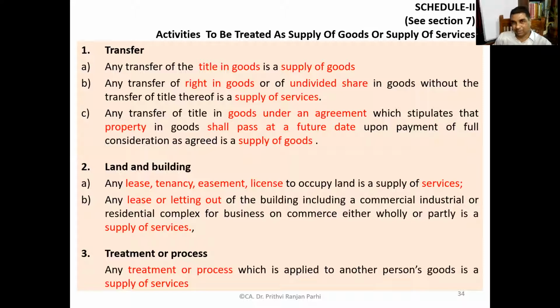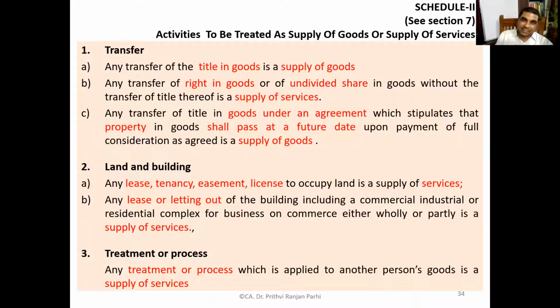If the right to use or an undivided share in goods, where other people also have a share in that particular goods, is transferred, then it is not supply of goods, it is supply of services. Meaning, if title is transferred, it is goods transfer, but if rights or an undivided share are transferred, it is supply of services, not supply of goods.